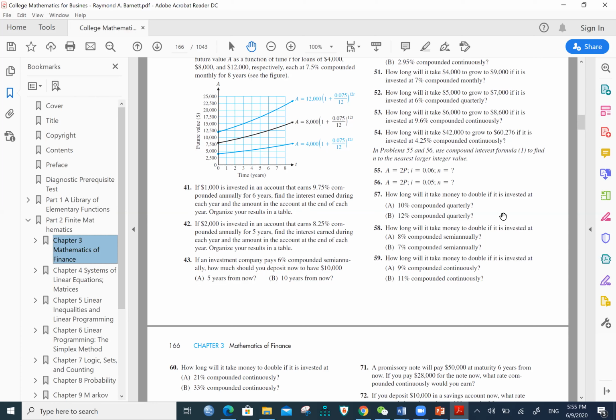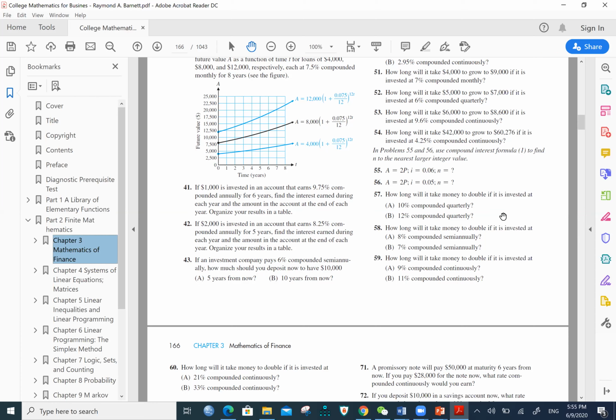Is it just compound interest? Is it annuity because it's saying find the interest earned during each year, at the end of each year?